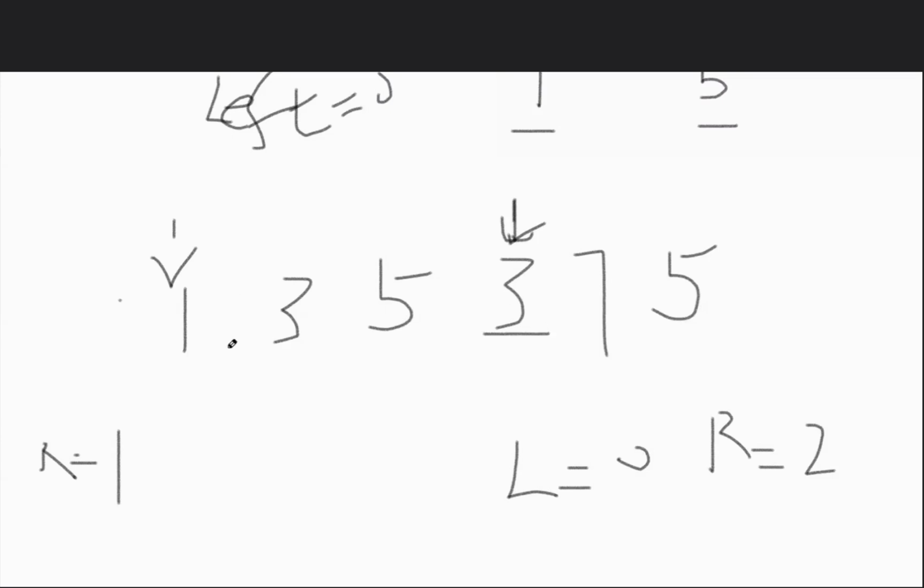Because here we have both 3, we cannot use this. So maybe here I would say it's 1, so here is 1, not 3. Okay, now we are pointing to here. We know we have both 1, but we cannot use this position anymore.